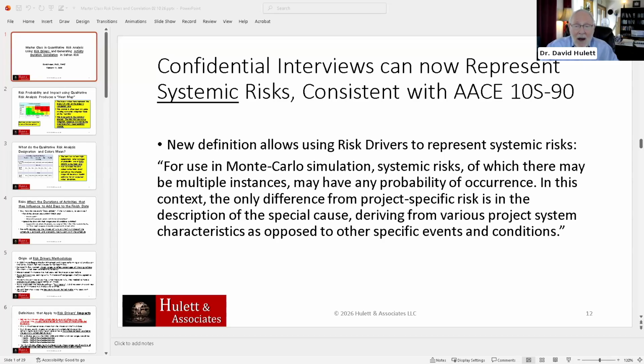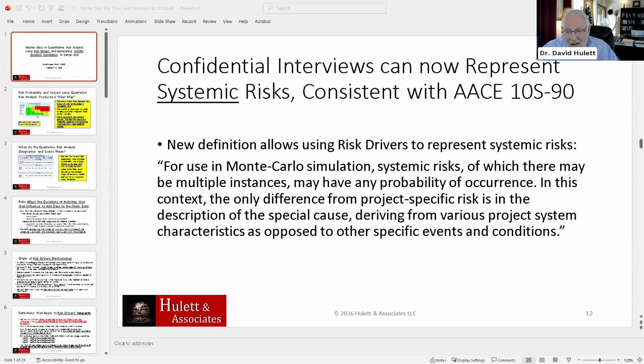But by the way, confidential interviews can now represent systemic risk consistent with AACE definitions, volume, which is voluminous indeed, 10S90. And it now says there's an option for the use in Monte Carlo simulation. Systemic risks, of which there may be multiple instances, may have any probability of occurrence.